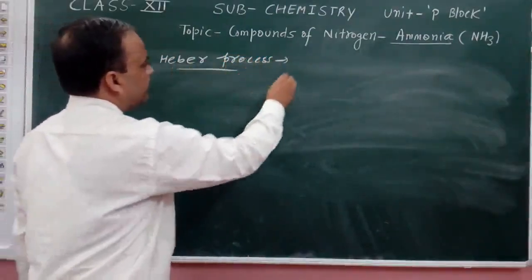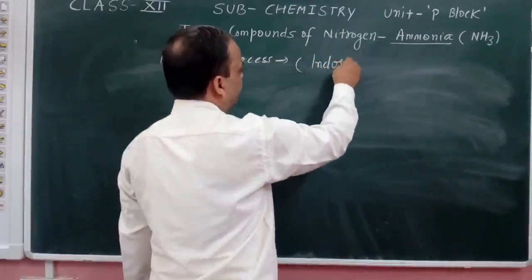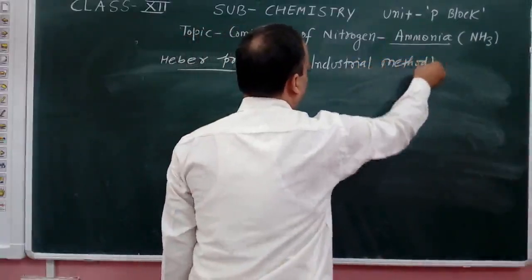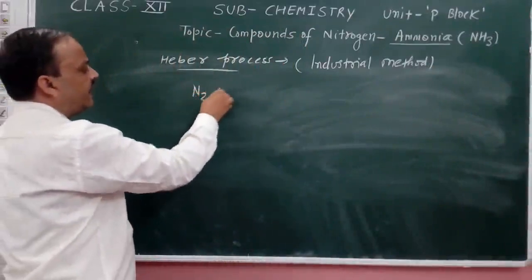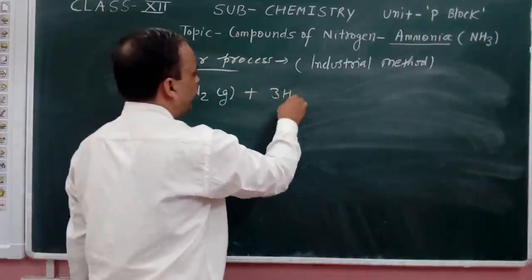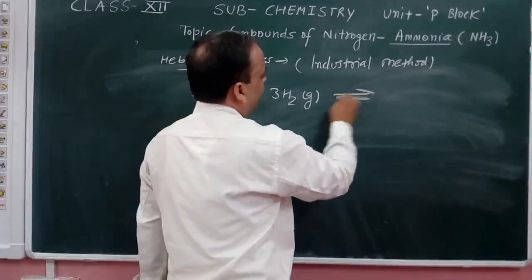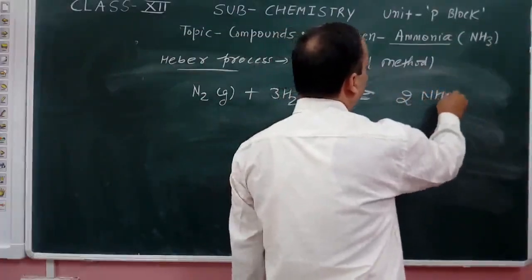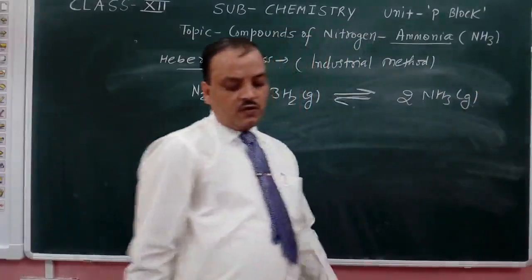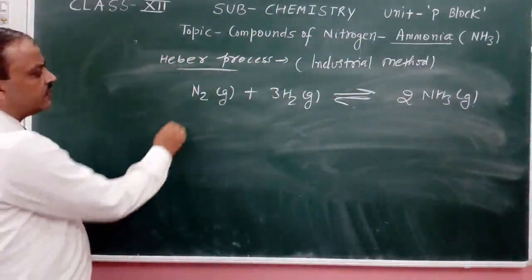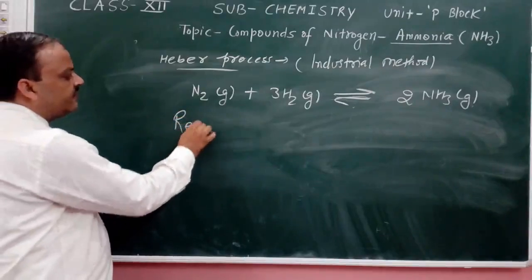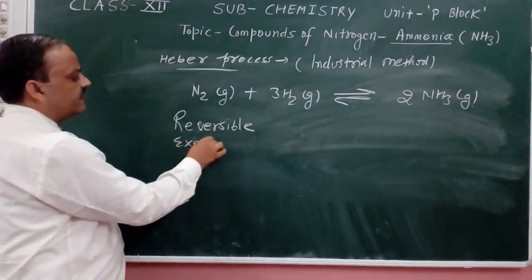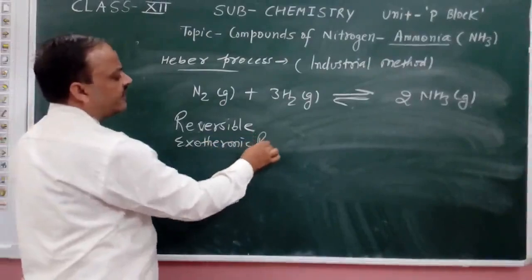In this industrial method, we use N2 gas plus 3H2 gas, and by the reaction of these gases we get ammonia gas. That is a reversible and exothermic reaction.